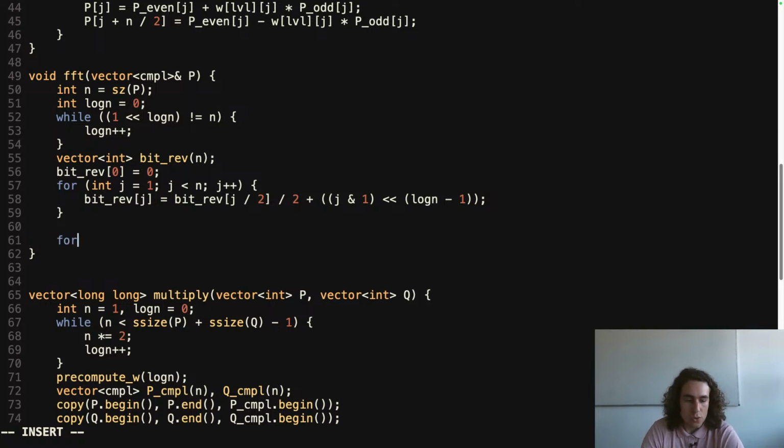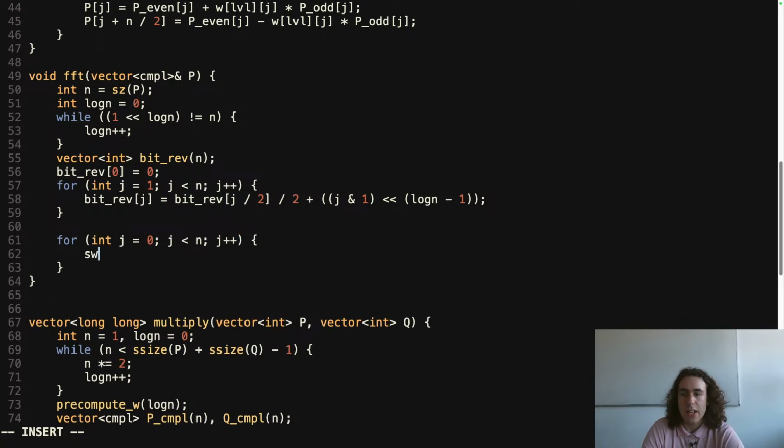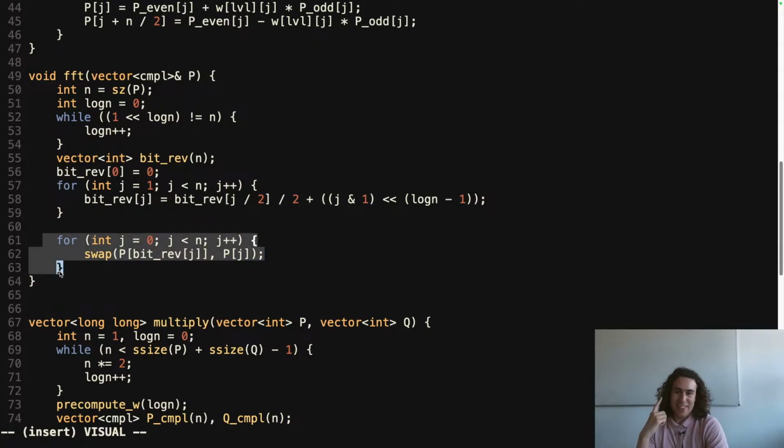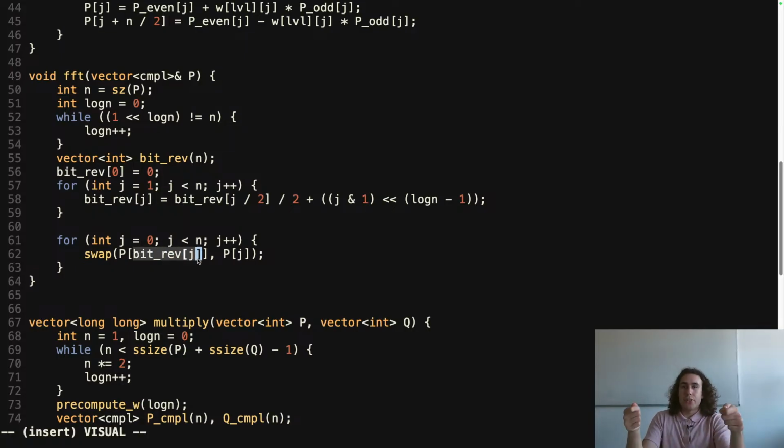So I just go through all the positions from 0 to n, and I swap p bit reverse of j and p j. One little caveat, this will not work. Just think for a second why this is not going to work. Because I'm not only going to see index j, I'm also going to see index bit reverse of j, and then I first swap them, and then I swap them again.